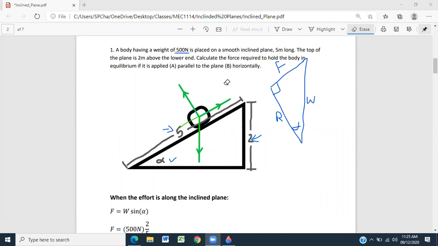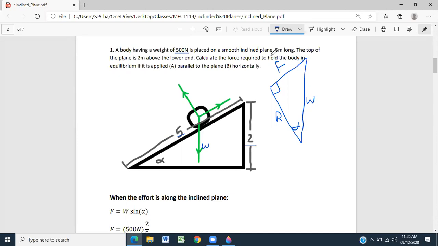Okay, good. So, you understand this setup, right? A body having a weight of 500 newtons. The weight would go downwards, inclined on a plane, and they give us the slope of the plane, 5 and 2.